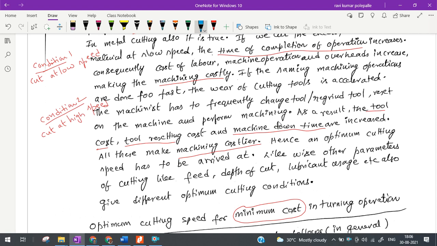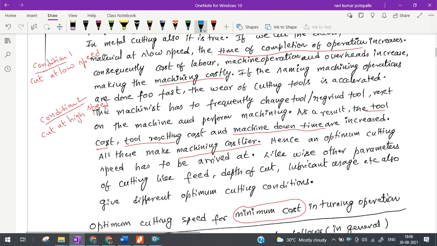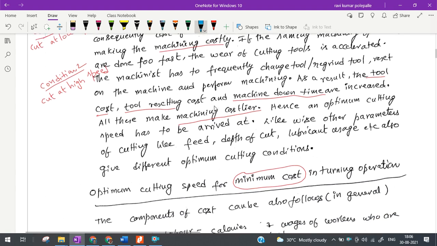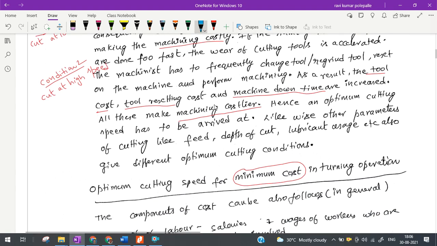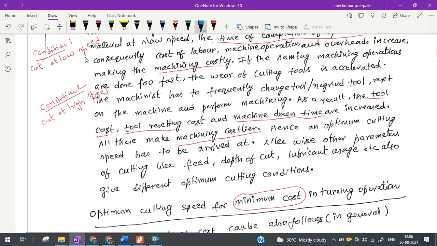So we have to understand that I can cut at condition 1, low speed, or condition 2, high speed. Each of them has advantages as well as limitations. Therefore, we have to strike an optimum condition at what cutting speed a cutting may be performed.